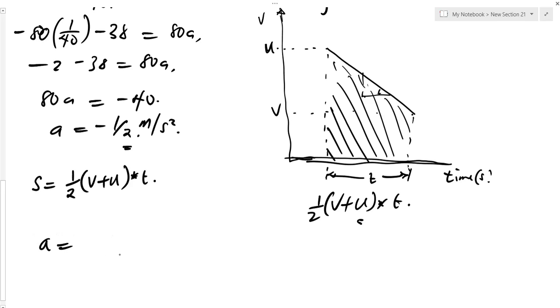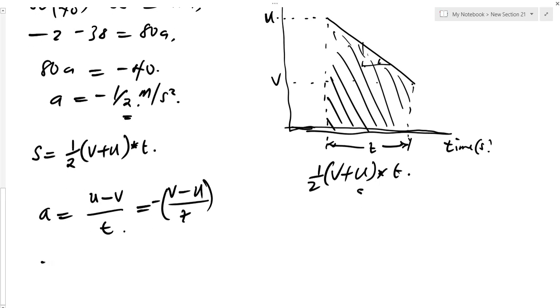The slope of this uniform motion should be negative, so it will be u minus v all over t, which is a negative value, which I can change in this form and put a negative here, meaning it has a negative value, because it is decelerating.